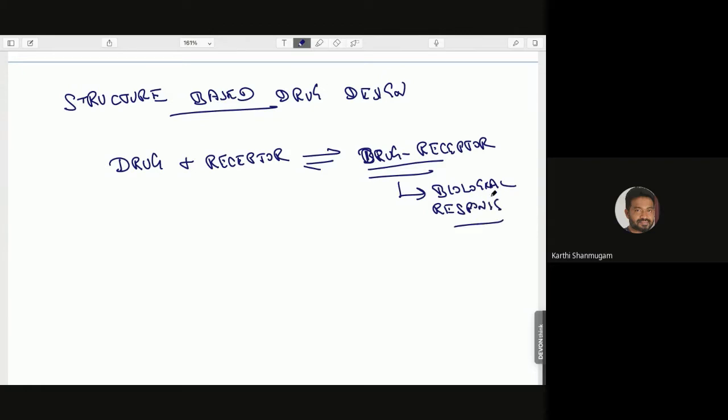right? So what actually happens is that the drug molecule should go and bind to some receptor to produce the response. So if we take aspirin, the aspirin molecule should go and bind to the receptor. Do you know what is the corresponding receptor for aspirin? Somebody can unmute and tell.